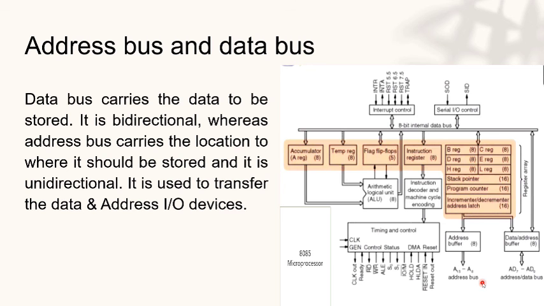And data bus is going to store data. Okay, this is data bus, and here we are going to store data, and it is bidirectional. If it wants to go to address, it will go. If it wants to go to data, it will go. Okay, but here the address bus is unidirectional, which means it will go through only address. It cannot retrieve any data. Okay, that's it for this section. Have a nice day.